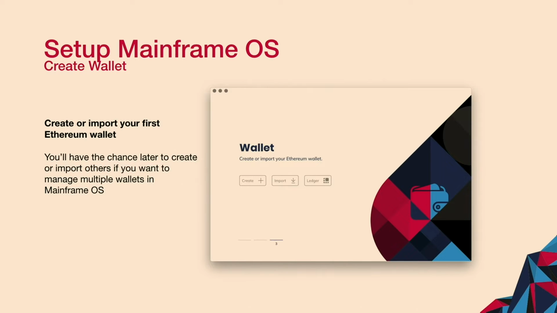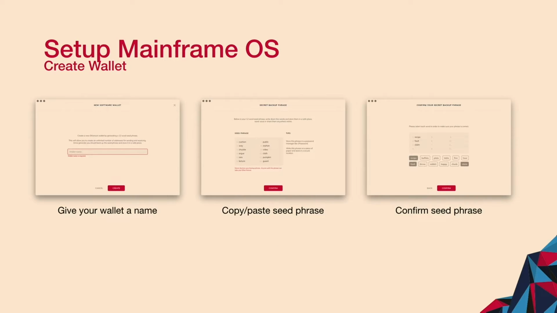This is the onboarding. Quickest path through is just create one and give it a name. You get your seed phrase. You have to prove that you copied it and know it to make sure that you can secure your own wallet. So this again is giving users confidence that they own their data, that they control their wallets and all their information.